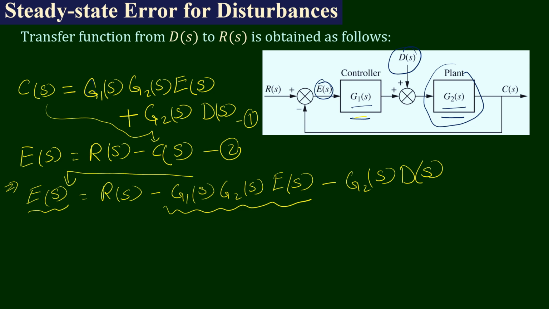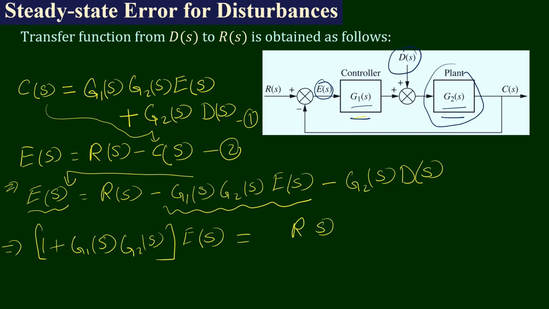We can bring it here. So here you will see that it becomes 1 plus G1(s) G2(s) into E(s) equal to R(s) minus G2(s) D(s).